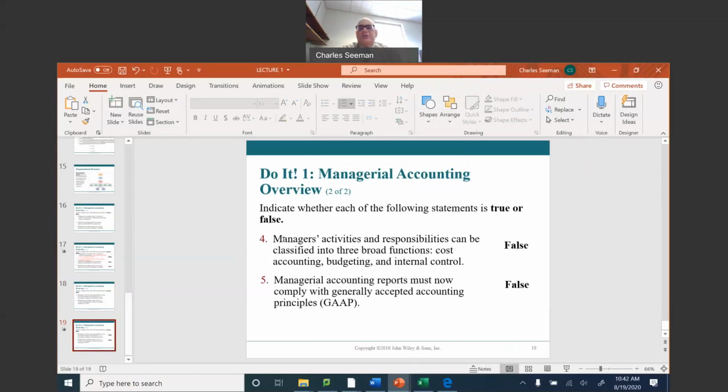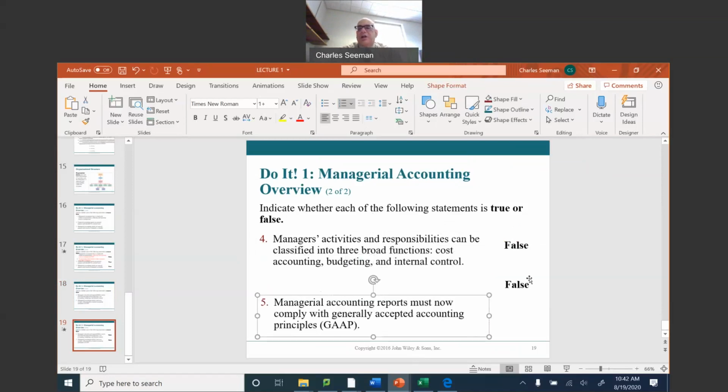Okay, managers' activities and responsibilities can be classified into three broad functions. Yes, they can be classified into three functions, but those functions are not called cost accounting, budgeting, and internal control. Those functions are called planning, directing, and controlling.